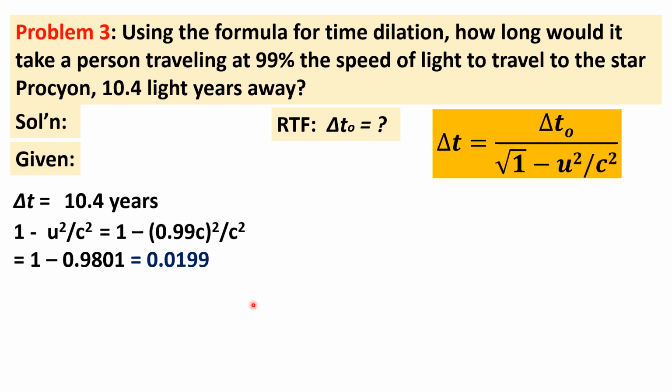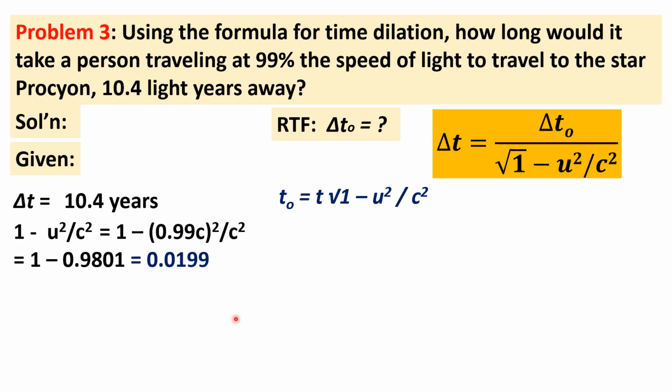We need this in order to get the value of delta t naught. From the original formula of delta t, we can derive the working formula for delta t naught, which is equal to t naught, with the delta sign removed. So t naught becomes t multiplied by the square root of 1 minus u squared over c squared, where the term inside the radical sign has already been simplified to 0.0199.